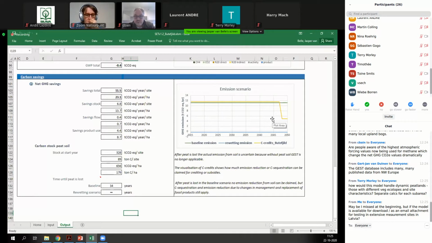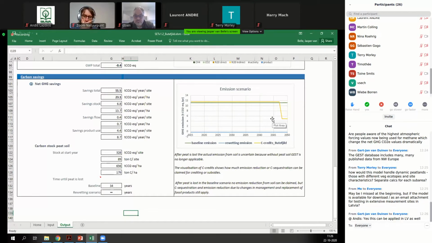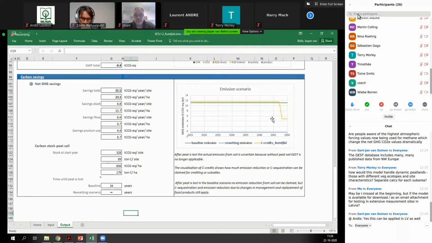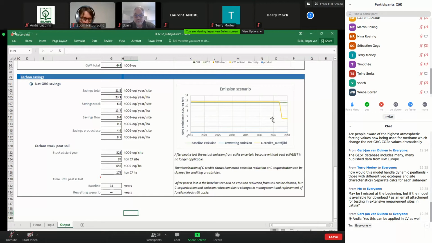So by that time, business as usual cannot be net emitting anymore. So the standard policies will have reduced the emissions, net emissions I must say, to zero. So then you cannot claim anything else because of the additionality criterion in carbon crediting.